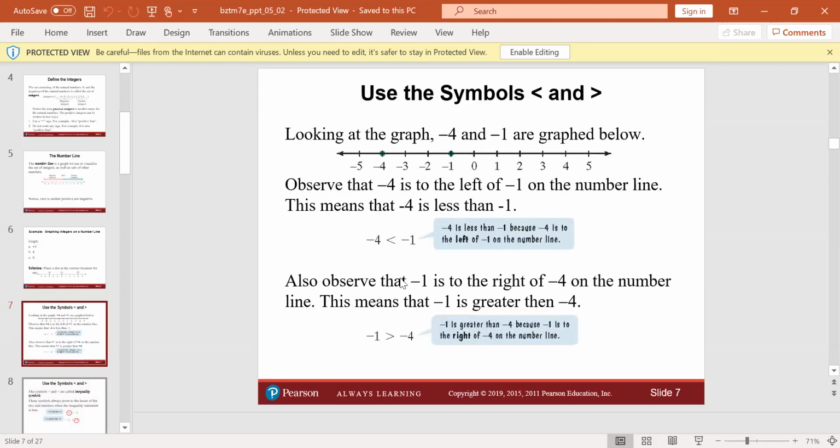In fact, we formalize it and we use the actual symbols. We use the less than symbol, the greater than symbol. And we can talk about what it means to be less than, what it means to be greater than. Basically, any number which is to the left of another number on the number line is less than it.